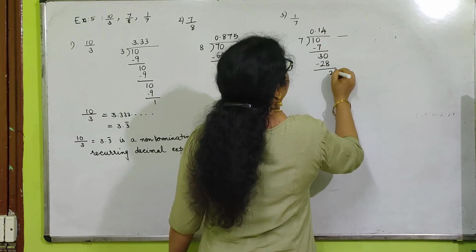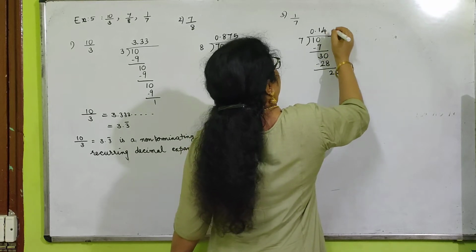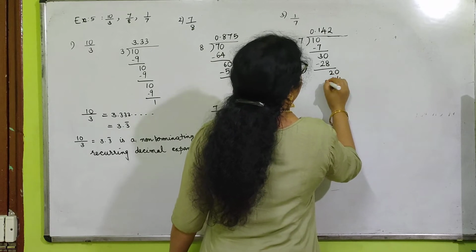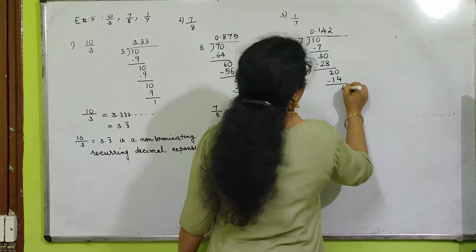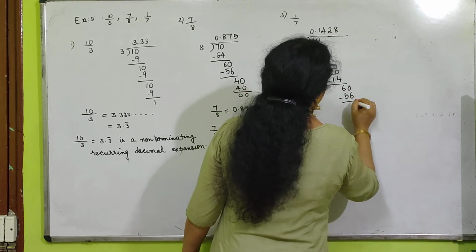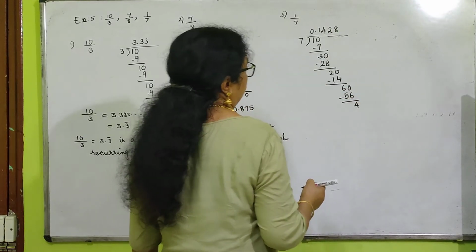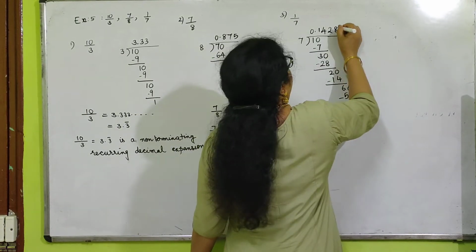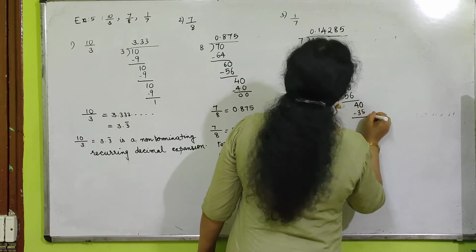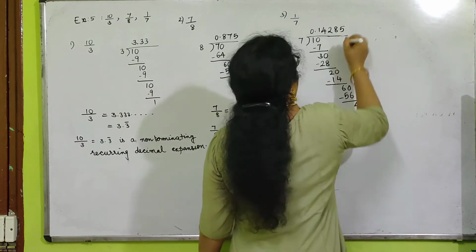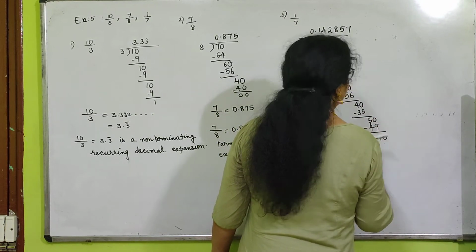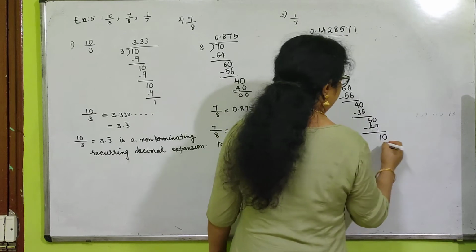Subtract, 2, then 20. 7 twos are 14. 20 minus 14 is 6, then 60. 7 eights are 56. Subtraction gives 4. Then 40. 7 fives are 35. Then 5, 50. 7 sevens are 49. Then 1.